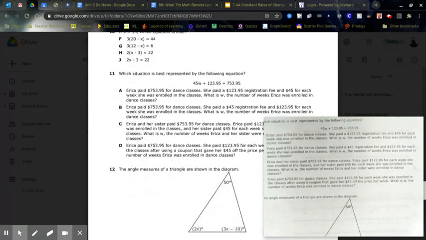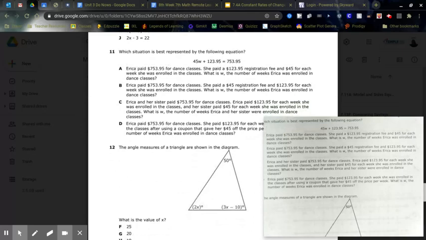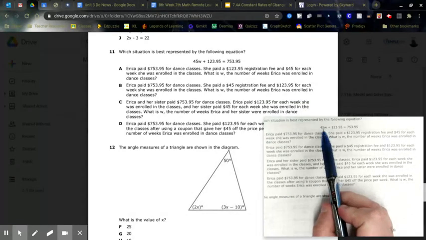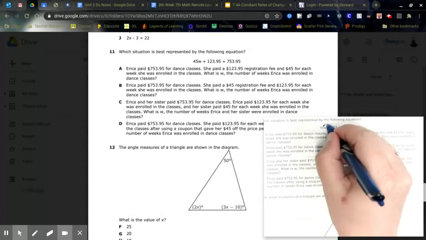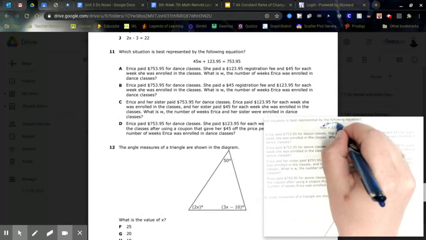Let's look at number 11. Which situation is best represented by the following equation? If we look at this, we want something that has per next to the 45, because anytime I see the number with the variable, there should be per, each, or every with that.